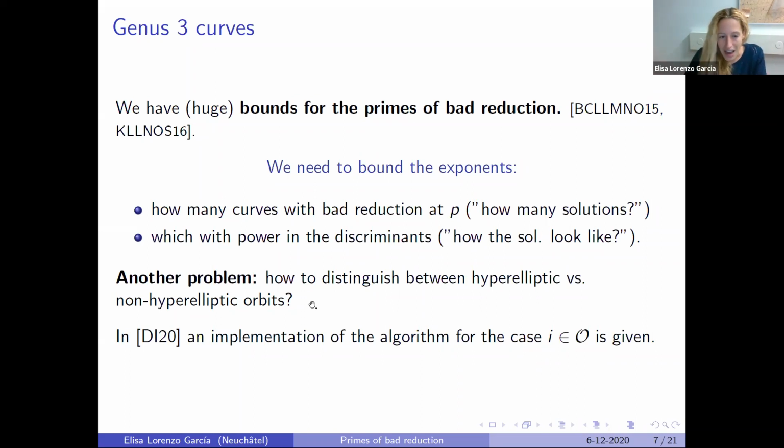This is an extra problem. I saw examples, which Jeroen Sijsling provided, of orders for which you have some genus 3 curves with CM by this order that are hyperelliptic and some that are non-hyperelliptic. So you really have to look at the different orbits. This is an extra problem that we don't know how to deal with right now.